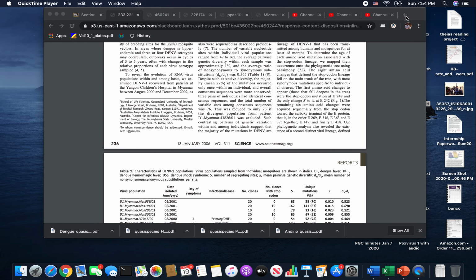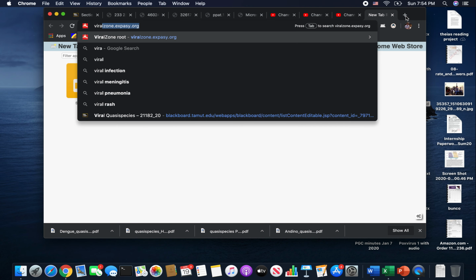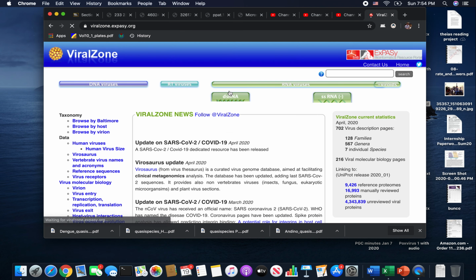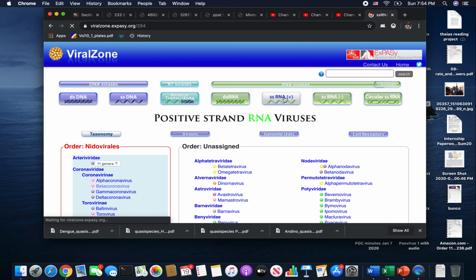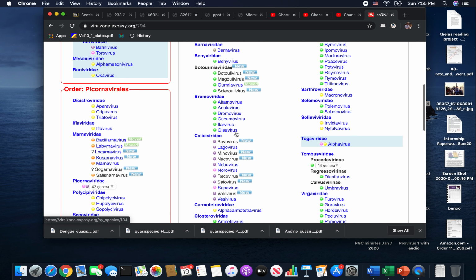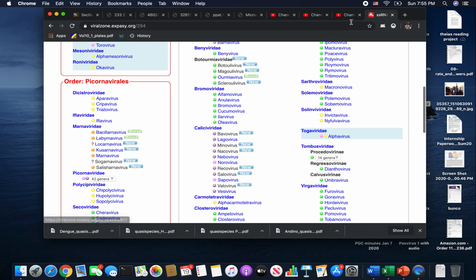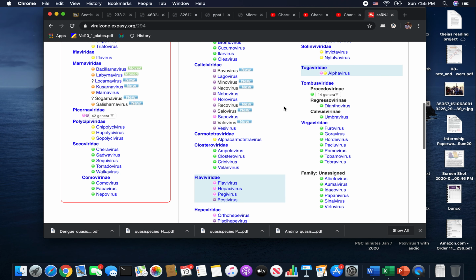So if we were to go to ViralZone over here, there we go. Then we could look at, let's see, they're positive-stranded, single-stranded RNA viruses. And let's see, we're looking for dengue, which is going to be a flavivirus.